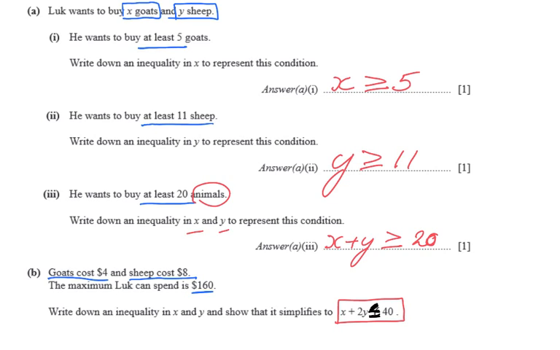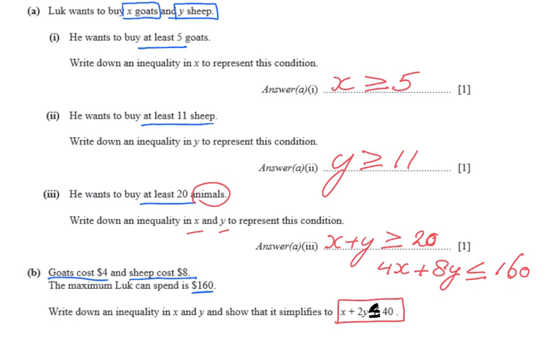So what can I say? Well, the goats are $4, so 4 times every goat he buys, so 4x. And if I add that to $8 times all the sheep he buys, so 8y, that then has to be smaller or equal to how much? 160, because he's got $160 to spend, so that is the maximum amount he can spend.